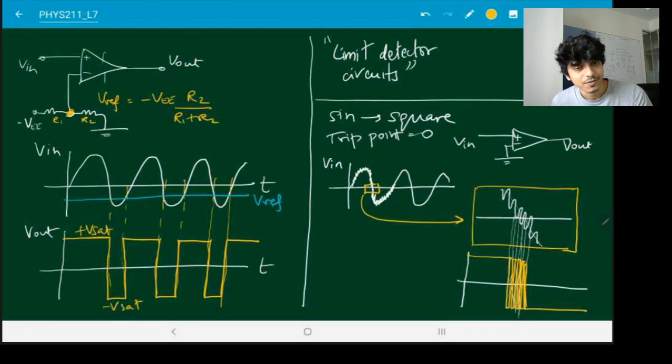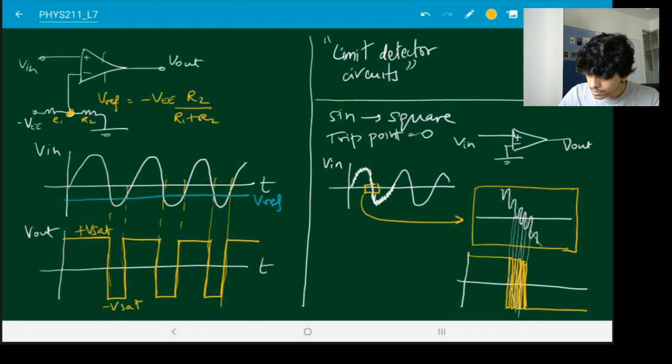And this can be disastrous, because presumably this output is going somewhere to run some other circuit. And then that circuit will quickly keep turning on, off, on, off, on, off. That can't be good. You might not want that from a physical point of view. It might even be harmful for your circuit to keep switching on and off so fast. So we don't want this kind of problem.